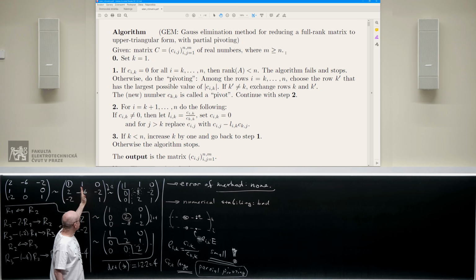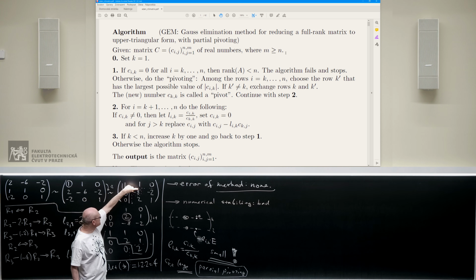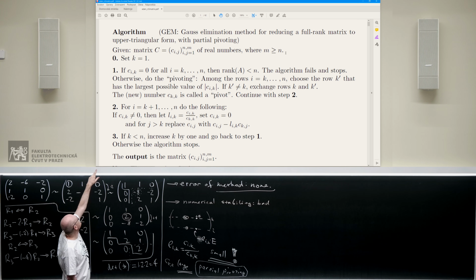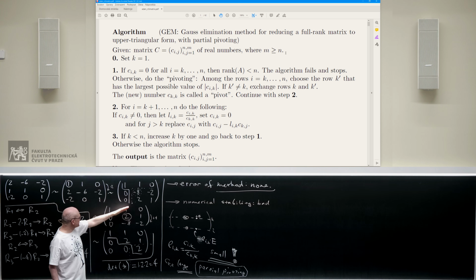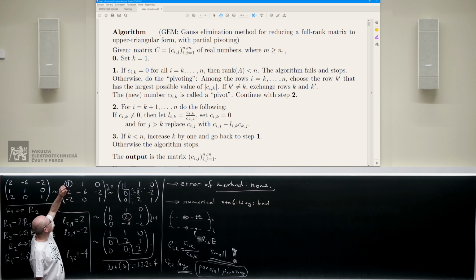Okay, so when we pass to a certain stage, for instance here, stage 2, we are looking here at this column, we look at all the numbers and we choose the largest and by row flipping, place it here. So that's the contents of part 1, pivoting. And then we do part 2, which is the creation of zeros underneath the pivot. So now we see the whole algorithm in its entirety.